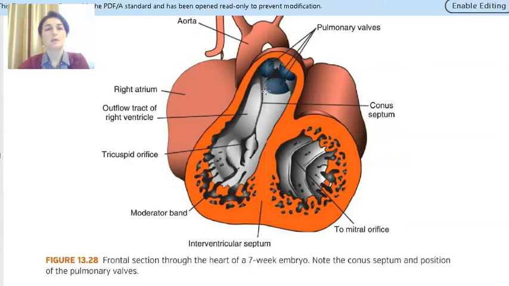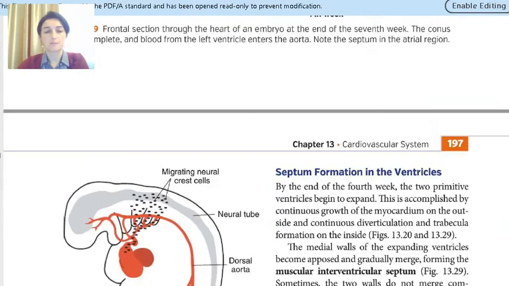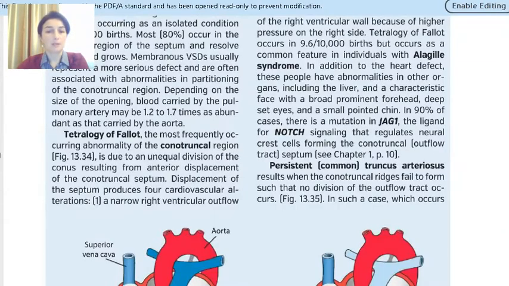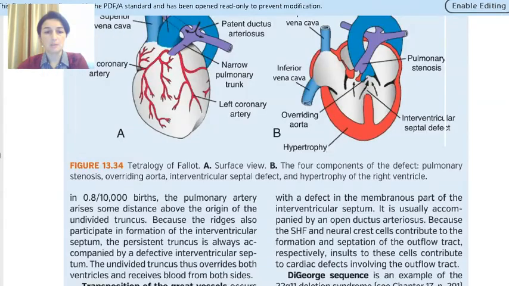For example, tetralogy of Fallot. Tetralogy of Fallot has a complex of defects. First of all, there is a pulmonary stenosis. Then there will be the opposite position of the large vessels.